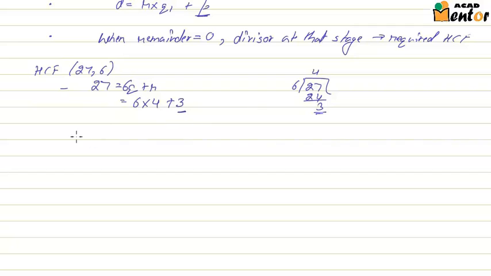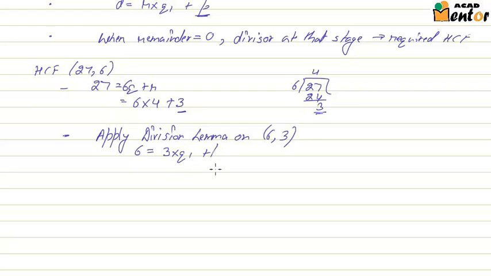So the second step would be applying Euclid's division lemma on 6 and 3. So 6 will be expressed as 3 multiplied by some number Q1 plus P, or in order to find these values we'll divide 6 by 3.